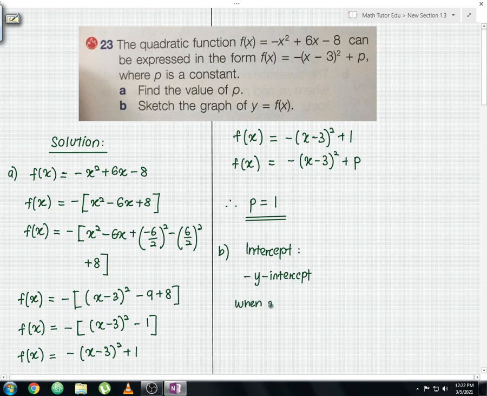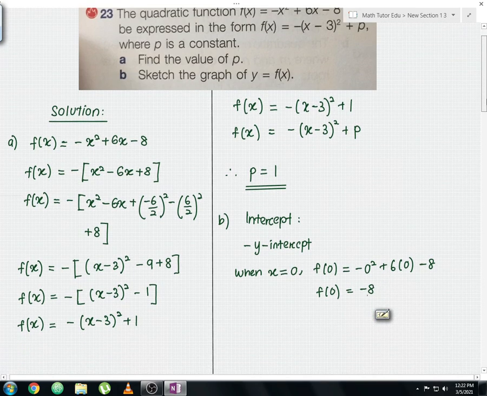When x equals 0, f(0) will be equal to negative 0 squared plus 6 times 0, and then minus 8. So you should get your y-intercept equal to negative 8. This is your first point.